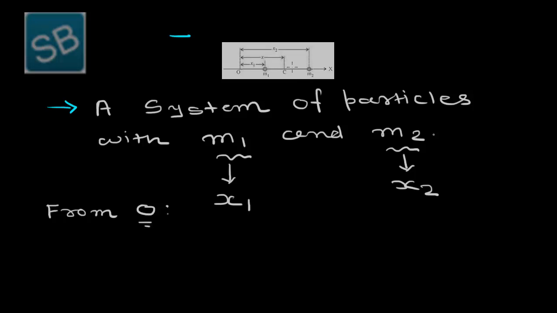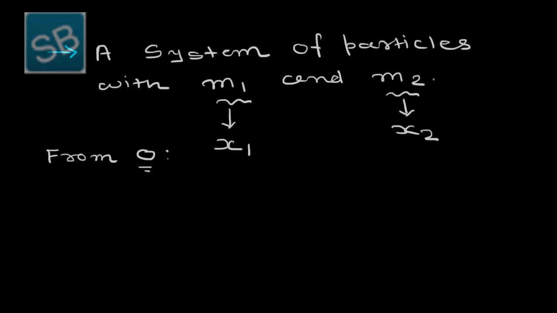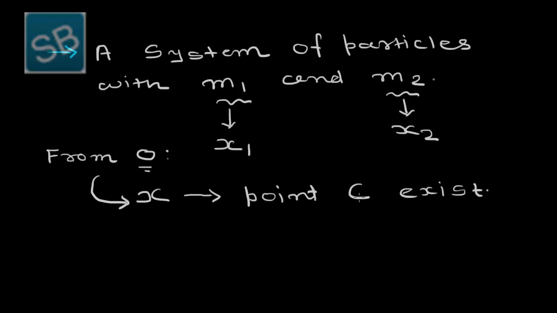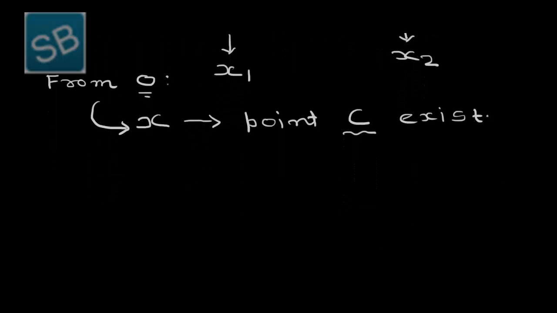Now, one new thing we see in this figure is the capital C. What does this C suggest? This C is the center point of masses m1 and m2, which is at distance x from the origin. At distance x, there is a point C. Here C is the midpoint of particles m1 and m2.